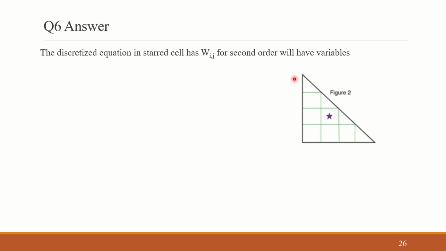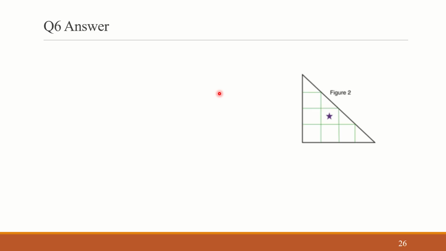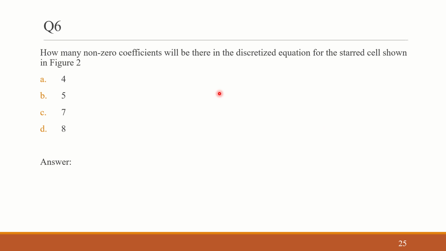For second order, we will have the variables wi minus 1 comma j and wi plus 1 comma j, 2 in the x direction, and wij minus 1 and wij plus 1, 2 in the y direction, and 1 in that particular cell. This is when we are using second order, and we will have 5 variables. So that is option B, the right answer.